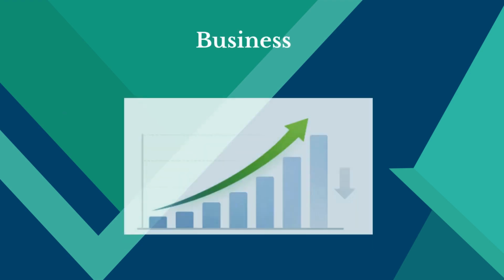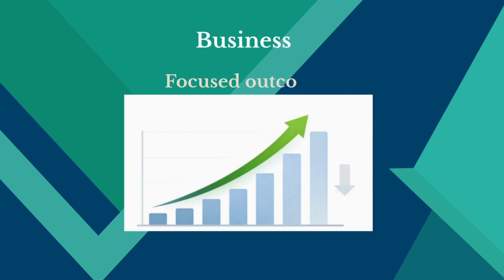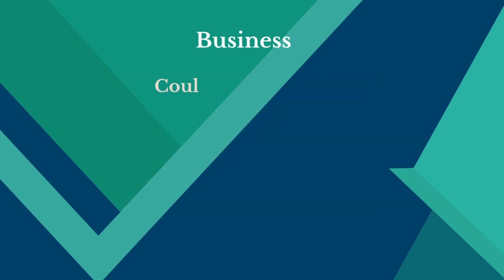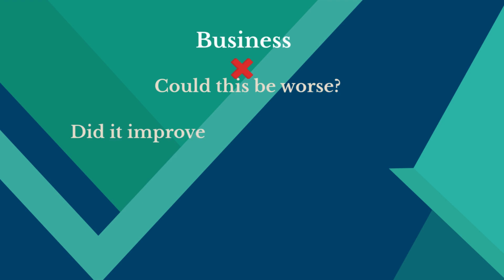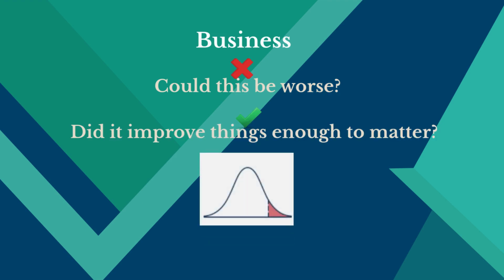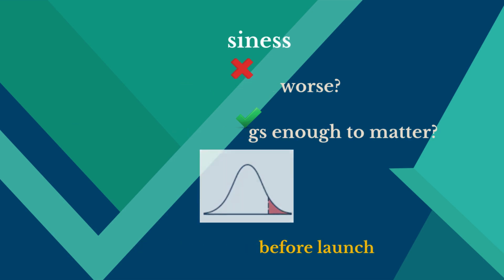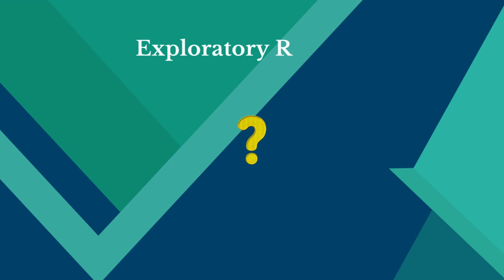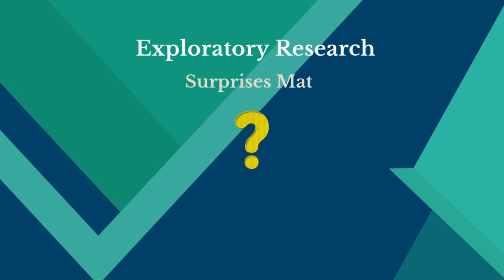In business, the question is often more focused. If a new feature is designed only to increase conversions, we may care about just one direction. We are not asking, could this be worse? We are asking, did it improve things enough to matter? In those cases, a one-tailed test can be appropriate, but only if the decision is made in advance. In early research, we often don't know what to expect.